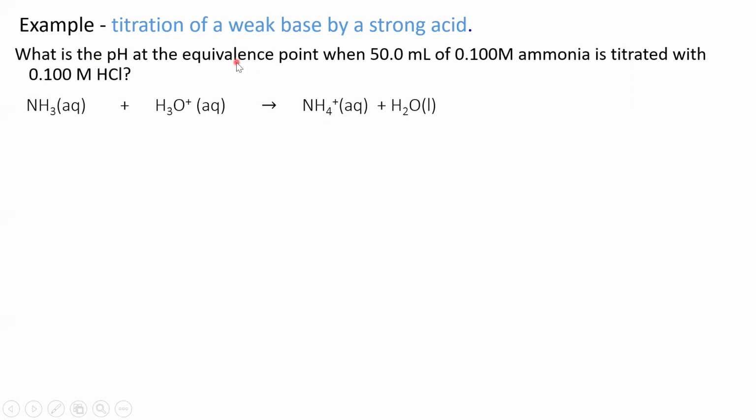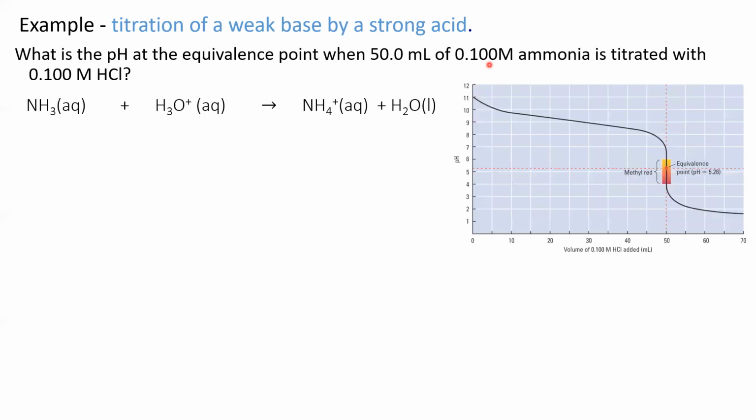All right, we want to get to the equivalence point. Well, we know the molarity and the volume for the base. If we know those two things, we can calculate the moles of our base. Now, it doesn't tell us the volume of the acid, but it tells us we're at the equivalence point.